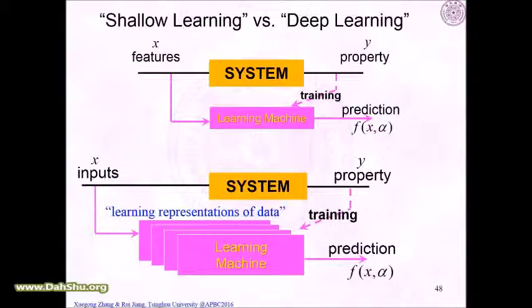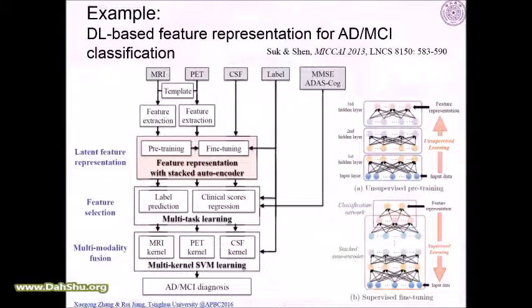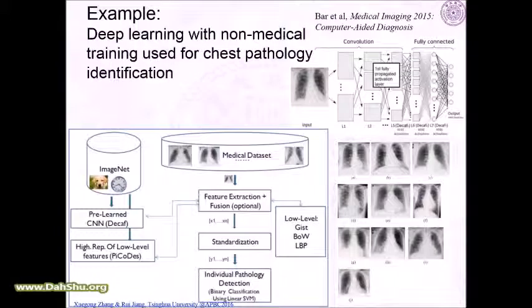Actually, in deep learning, the final step is a kind of standard machine learning method. For example, in this one, they use the autoencoder and also use the support vector machine. And I think this is a very impressive work, and also gives us some hints for future research tasks.